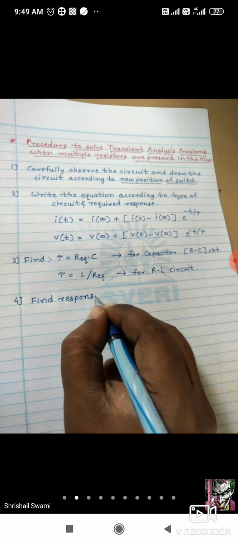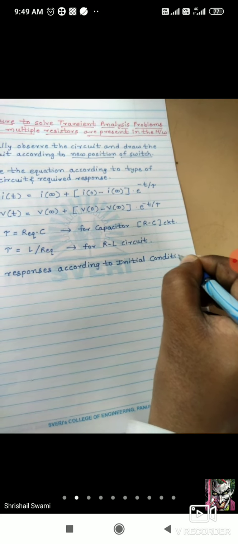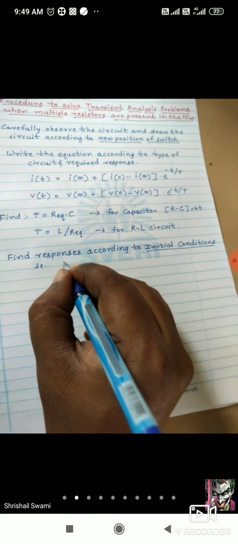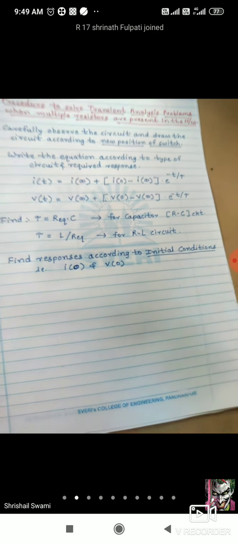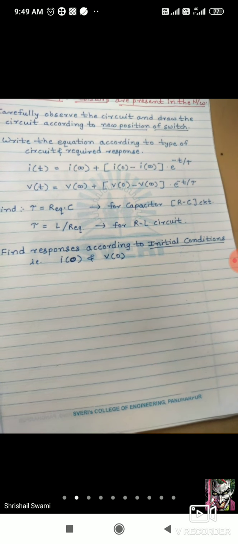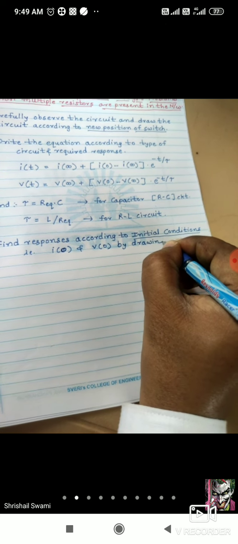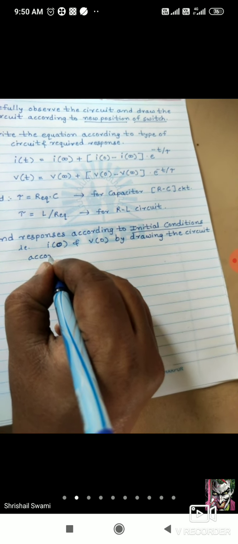So find responses according to initial conditions, that is I of 0 and V of 0, by drawing the circuit according to the initial condition.